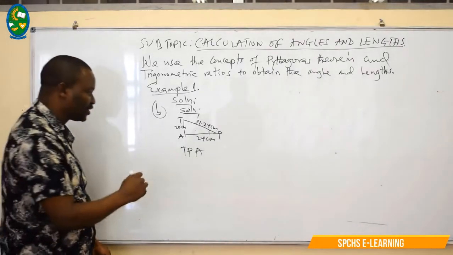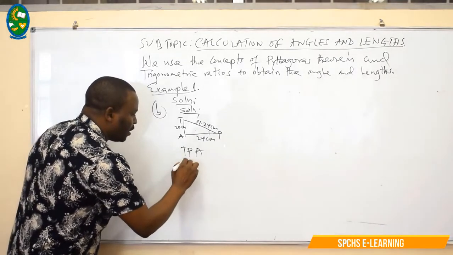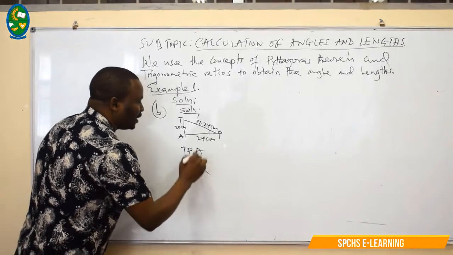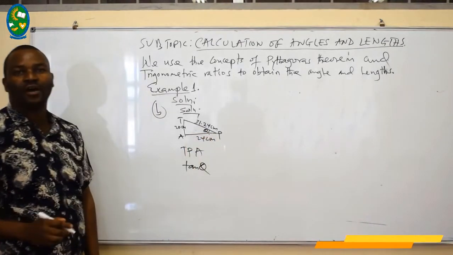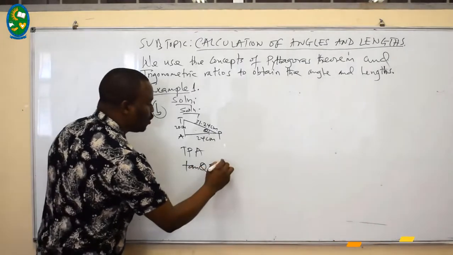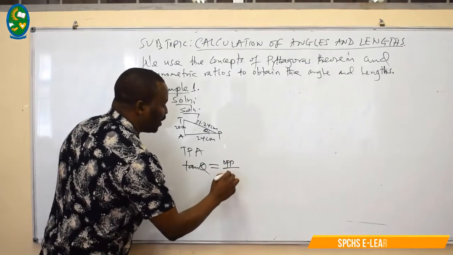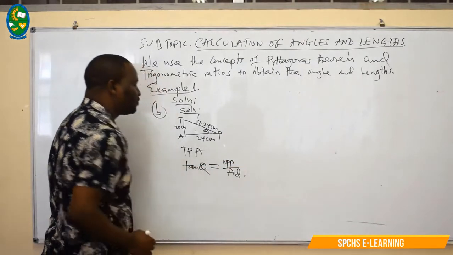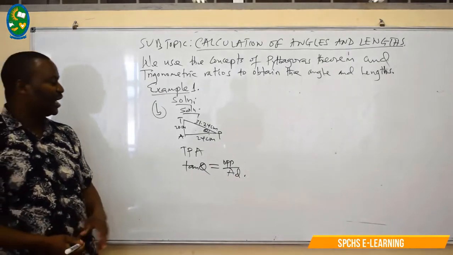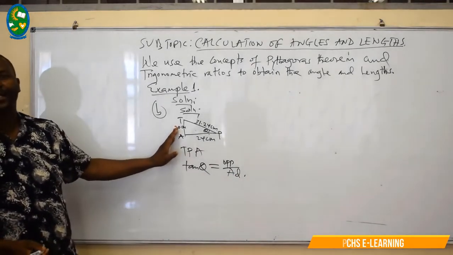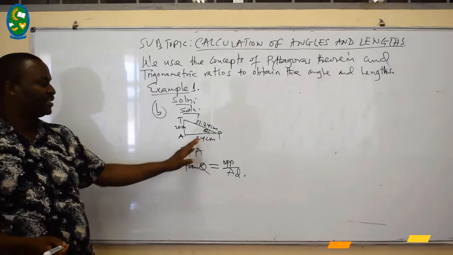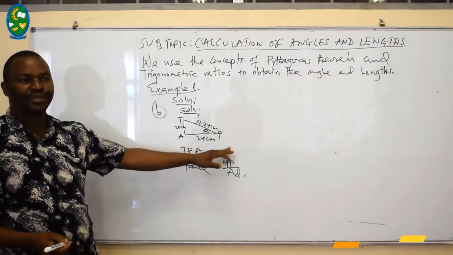But let us use tan. Let us say our angle is theta. Tan theta is equal to opposite over adjacent. Our opposite here is side TA and our adjacent is side AP.